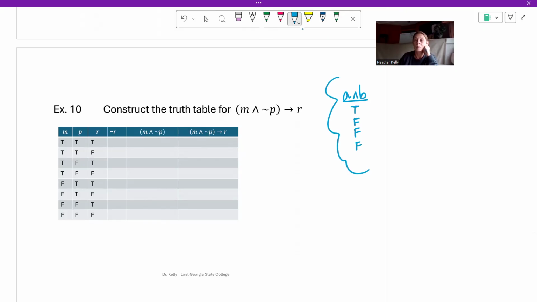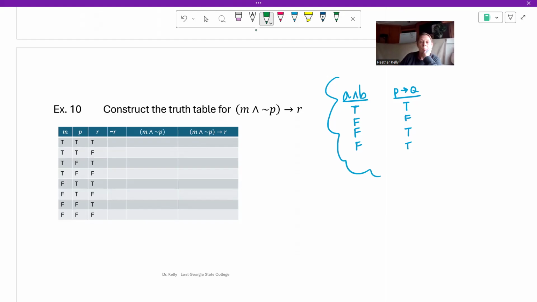Again, it's just my little shorthand here. And then if we do P implies Q, that's a true, false, true, true. Because again, it doesn't matter what Q is if P is false. P implies Q.